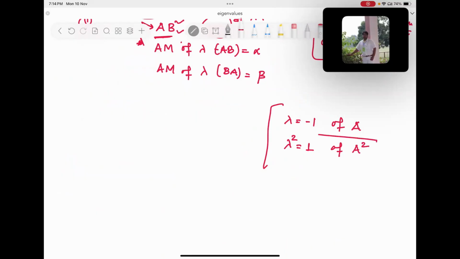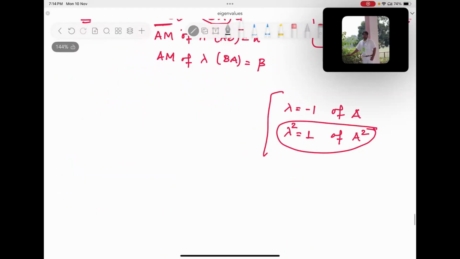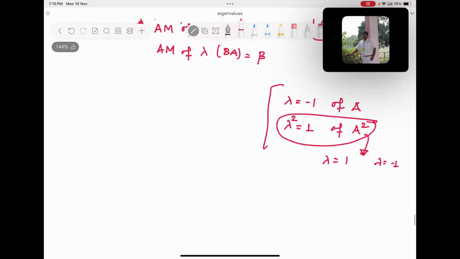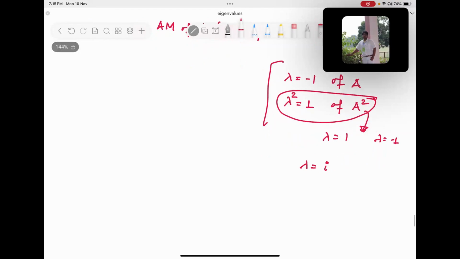Now the question is whether you take lambda equals 1 or lambda equals -1. That will be the problem. Similarly, suppose you have lambda equals iota as an eigenvalue of A. Now lambda square will be -1, and it will be an eigenvalue of A square.